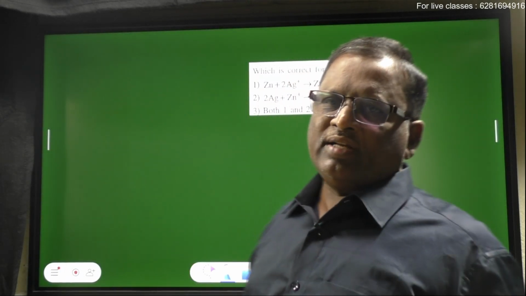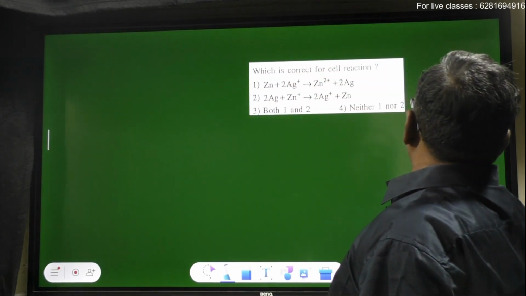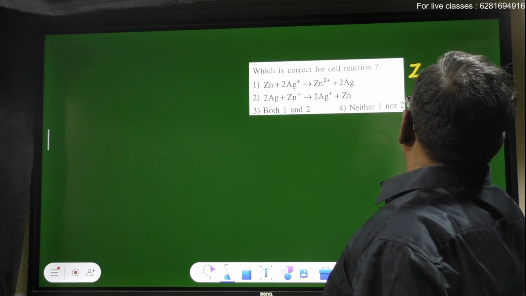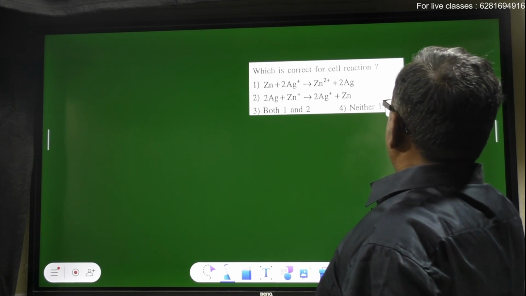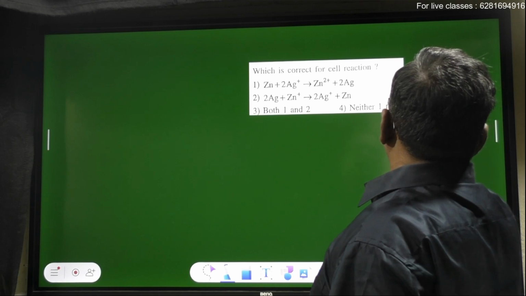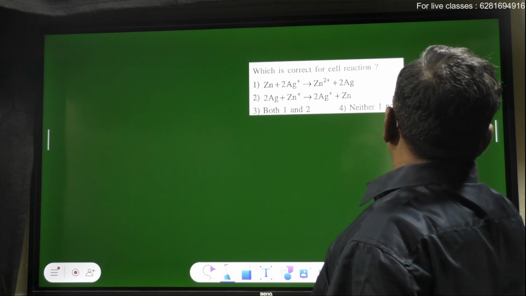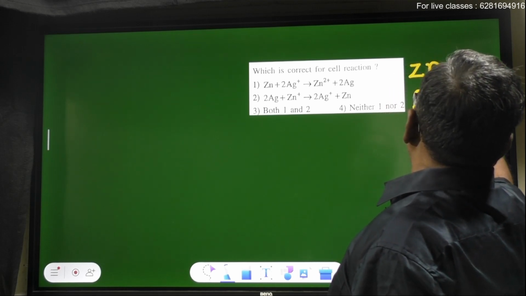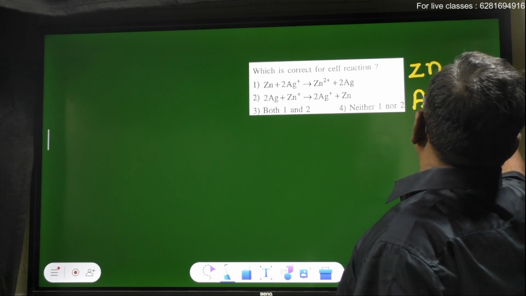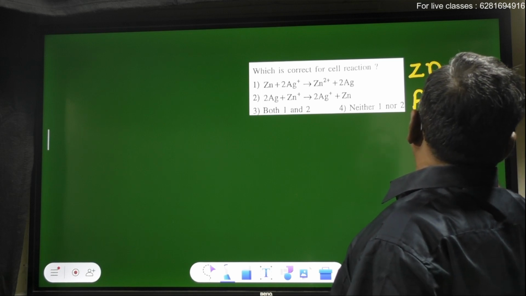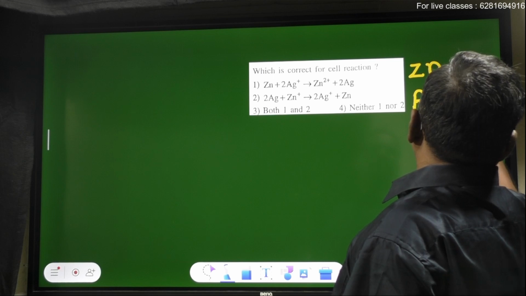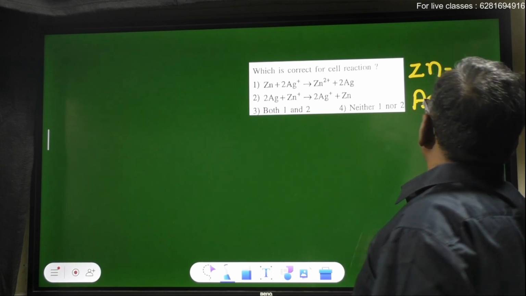According to this electrochemical series, zinc stands on the top, then Ag, because reduction potential of zinc is minus 0.76 and Ag is plus 0.80.